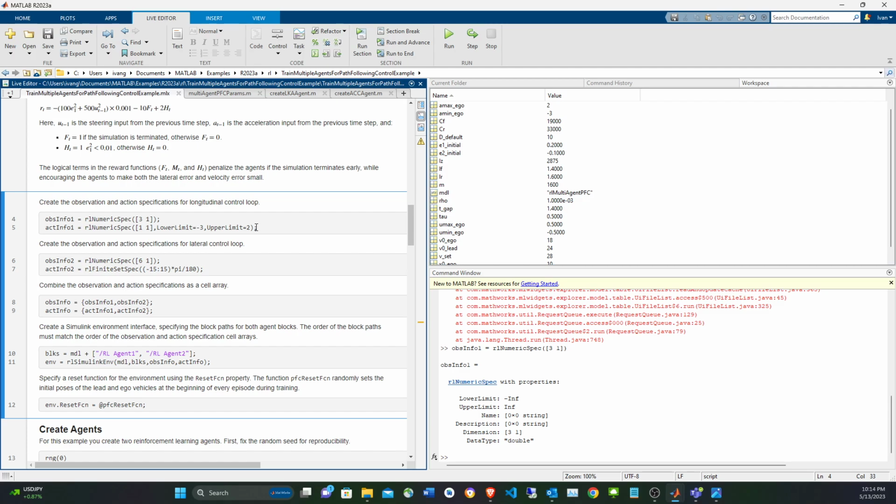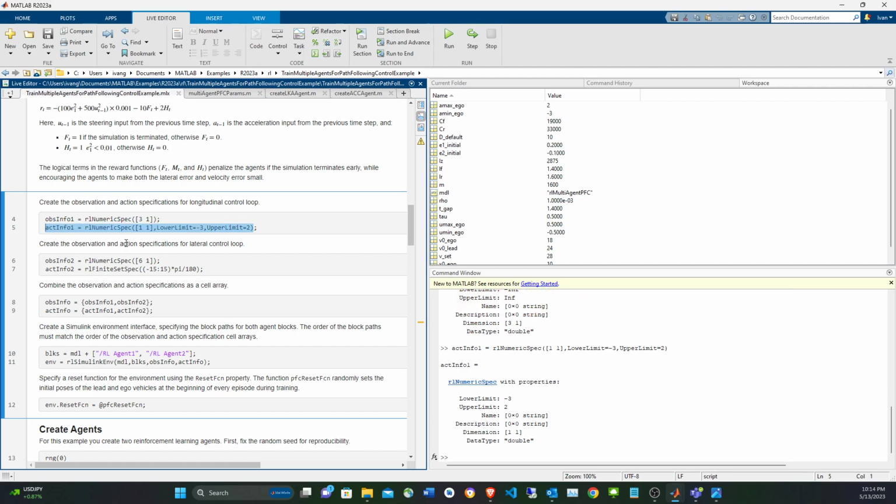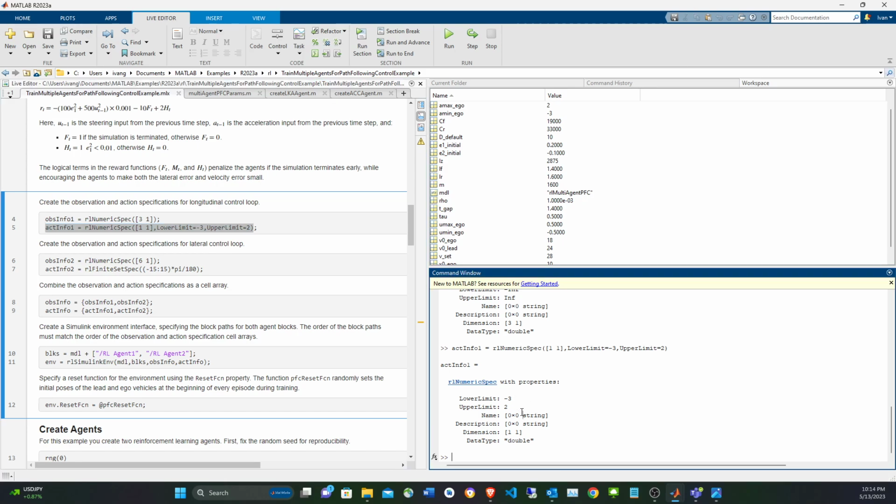And for the acceleration, it's going to be continuous. So we use the same function, RL numeric spec, to create the information for the action. It's the same one as for the observation because both of them are continuous, but this one has a lower limit of negative 3 meters per square second to positive 2 meters per square second. So that's the limits of the acceleration.